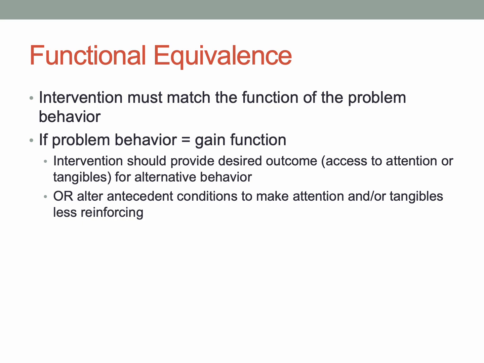Or you can alter antecedent condition to make attention or tangible less reinforcing, which means by changing the antecedent condition, the value of the consequence, the reinforcer, decreases. We will talk about this later.